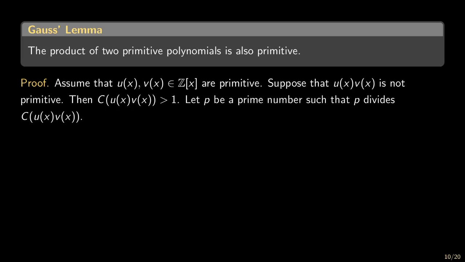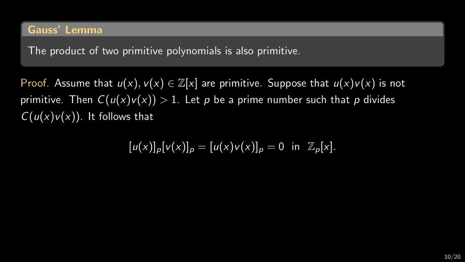So if the content is greater than 1, we know from number theory that it is divisible by some prime number p. For example, 4 is greater than 1 and is divisible by 2. In fact, any integer greater than 1 is divisible by some prime number p. So let's say p is a prime that divides the content.